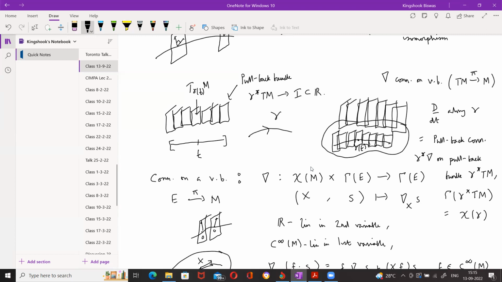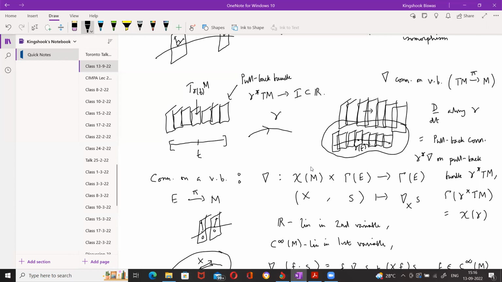Intuitively, what is a connection? It is a way of gluing together the fibers infinitesimally in the direction of any tangent vector. Infinitesimally, you can identify these fibers with the connection.